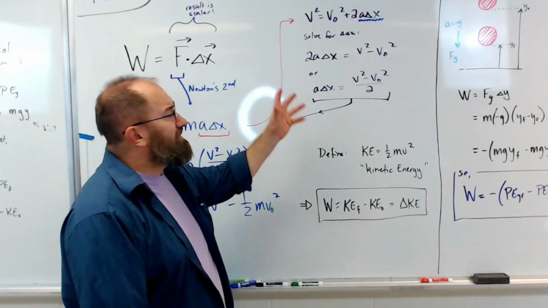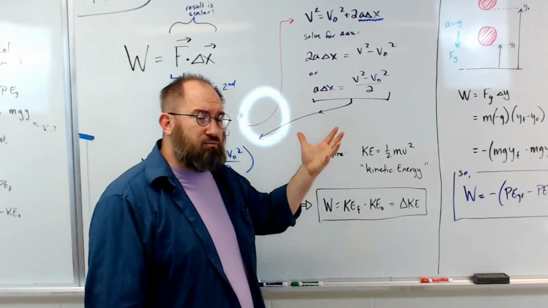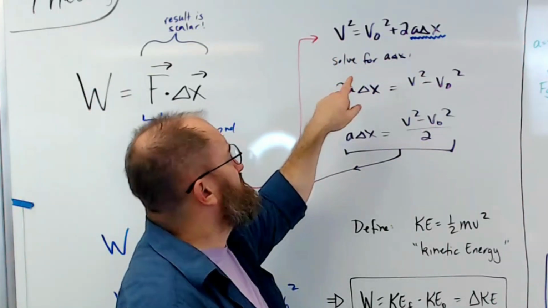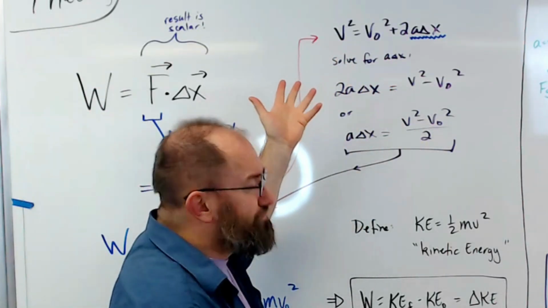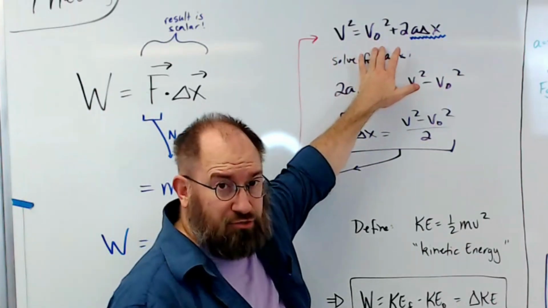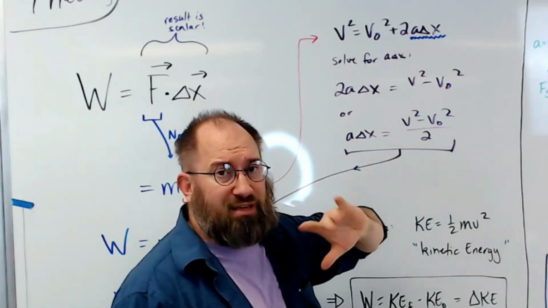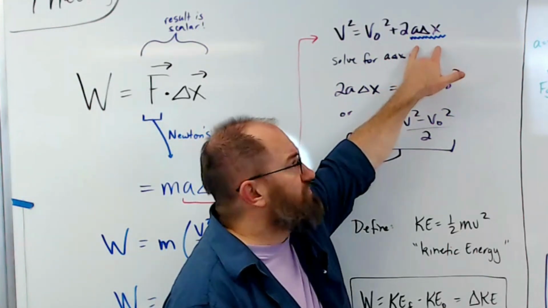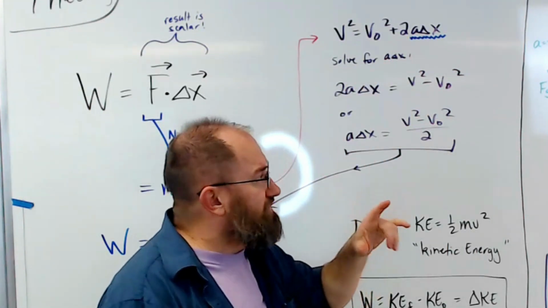So we go back to our kinematic equations. We've got this resource available to us. We say, wait a second, we have that one that we don't use too often because it doesn't have time in it: velocity squared at some point is equal to the initial velocity squared plus 2 times acceleration times displacement. There's a delta x right there, so let's solve for that and see what we get.